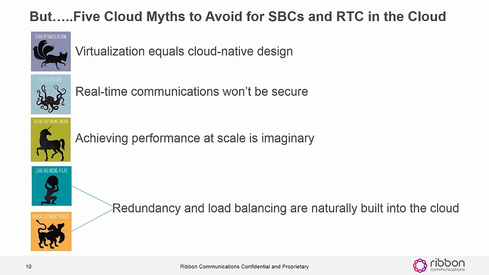And then 2 complementary myths. One, the load balancing atlas, and the second, the inherent redundancy Cerberus. The load balancing atlas should be able to hold up the weight of the world, solving everything. And the Cerberus is a guardian, a protector. The relationship here is that redundancy and load balancing are natural in the cloud.